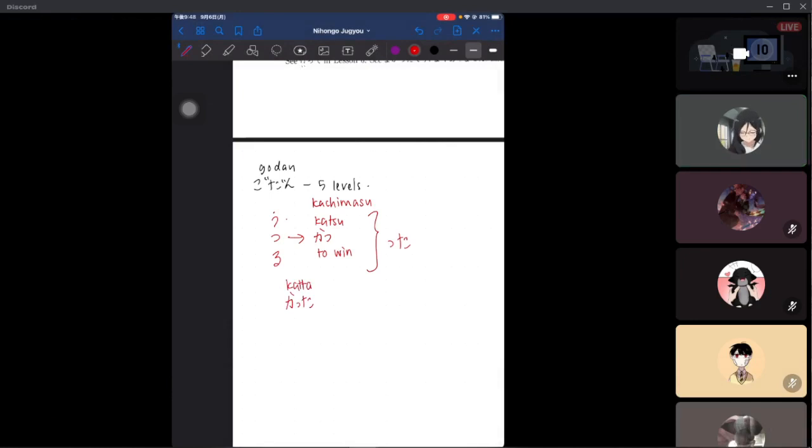Katta is the past tense, won. So this is how you conjugate it. Basically, any godan verb that ends with this hiragana, you replace it with ta. For example, katsu, the tsu here you replace with ta.